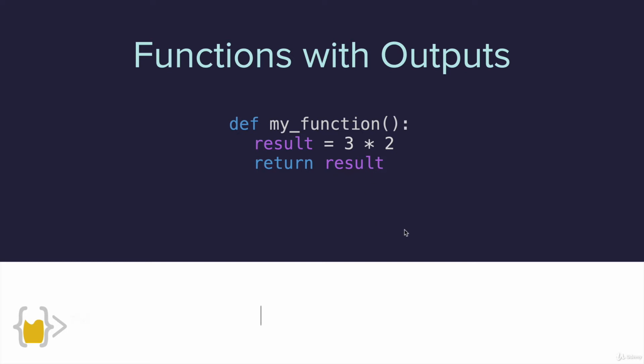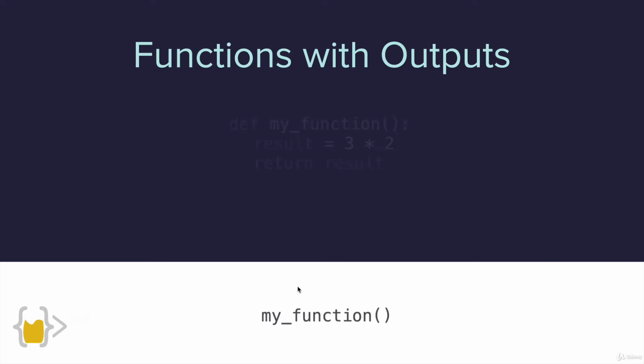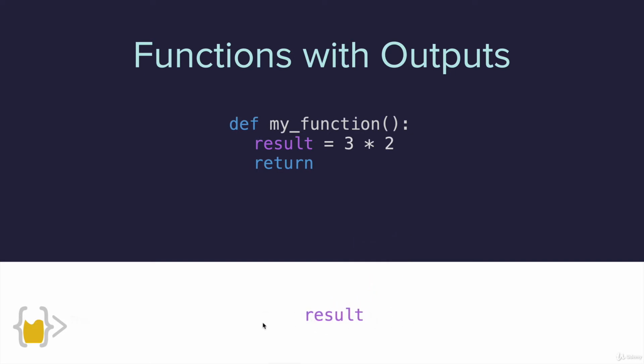And what that means is when I call this function later on and it runs, then it will go ahead and output this result, and it replaces this line of code where this function was called. Now, that result is held in the code where the function was called, and I could save it to another variable. Result, of course, equals 3 times 2, and that means this output now equals 6.